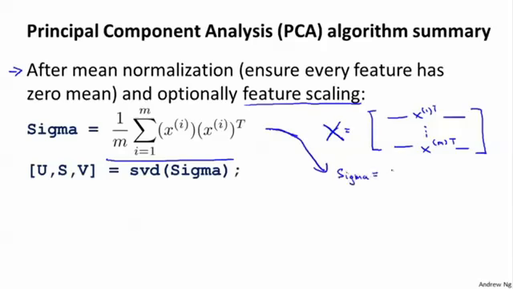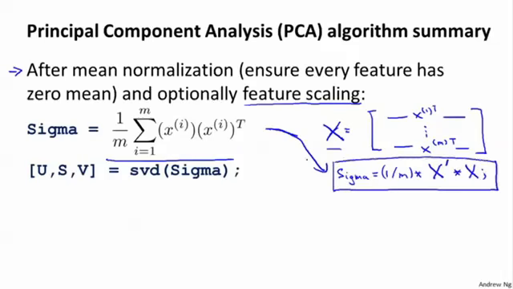You can implement sigma equals 1 over m times X transpose times X, and that's a vectorized implementation for how to compute the matrix sigma.